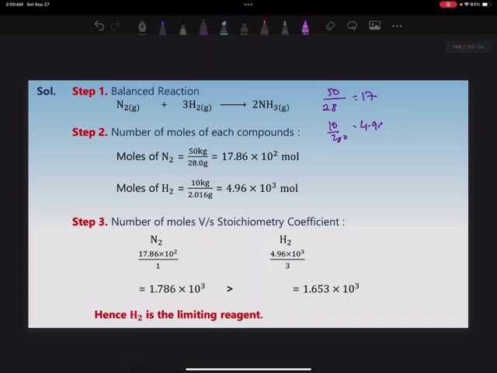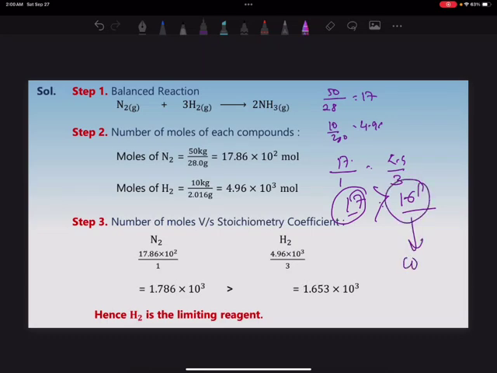So now calculating the ratios: for nitrogen, 1.7 divided by 1, and the stoichiometry for hydrogen is 3, so 4.96 divided by 3. Here it comes as 1.6, and here it comes as 1.7. So 1.6 and 1.7, so this is larger. Therefore, this consumes first.